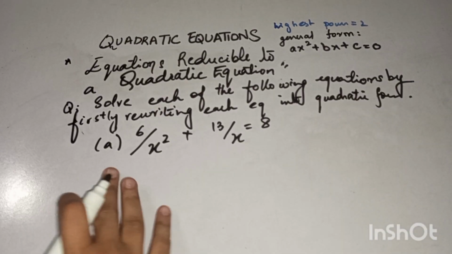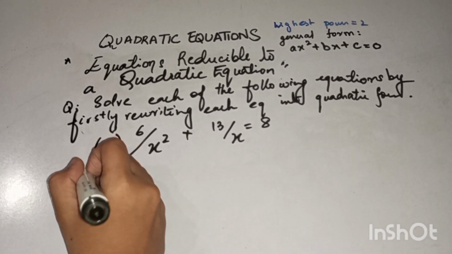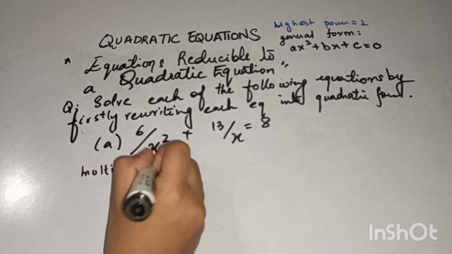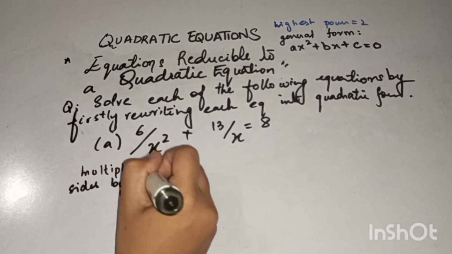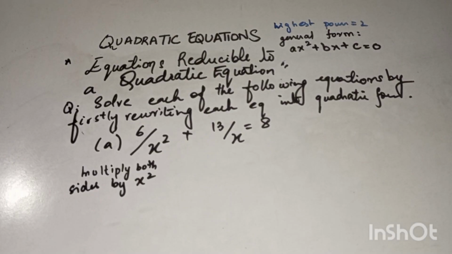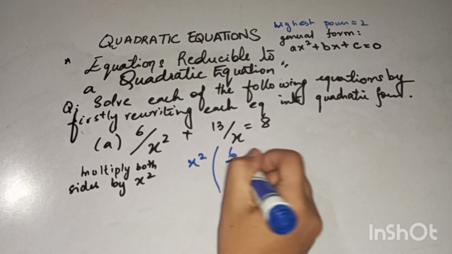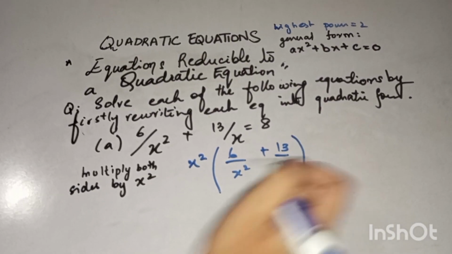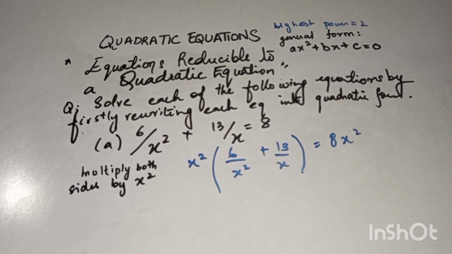You simply multiply both sides by x square. How do we do that? Let's see. x square multiplied by 6 over x square plus 13 over x, and 8 multiplied by x square is 8x square.